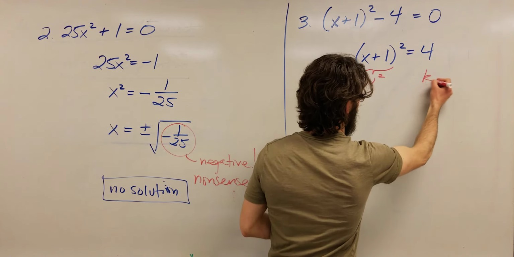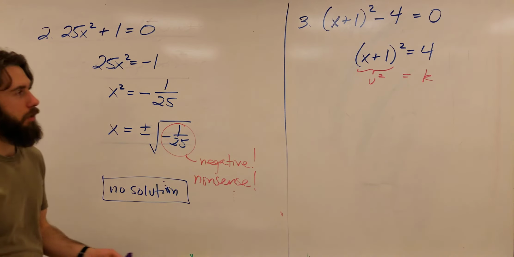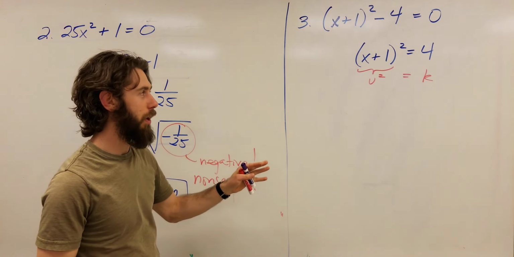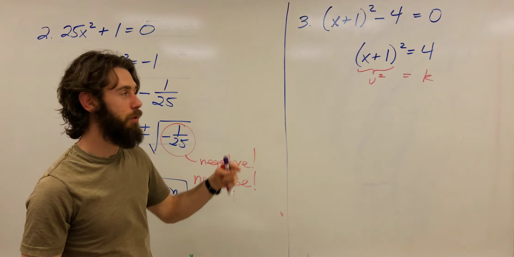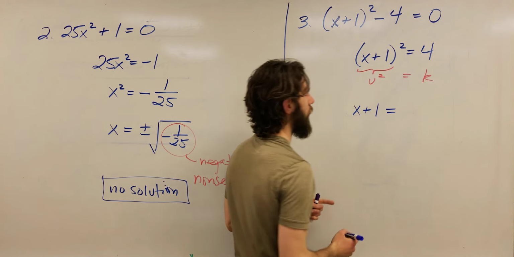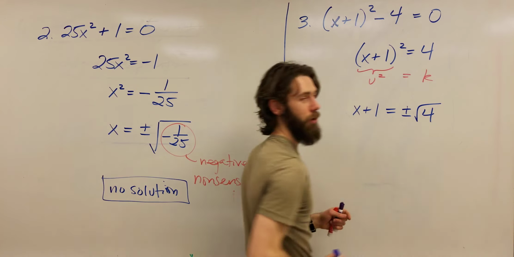And that will be k. All right, so that means to extract the x from the square, we use the square root property. That says that x plus 1 equals plus or minus the square root of 4.